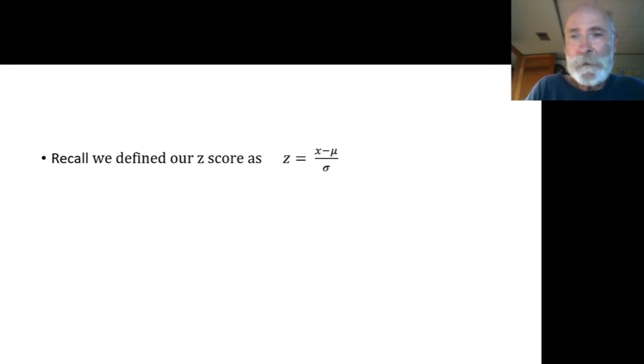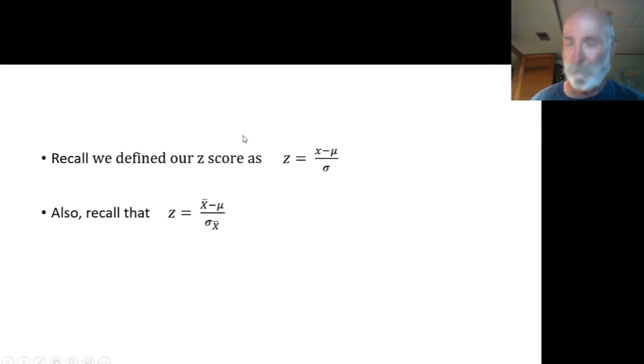We did precisely the same thing when we developed the idea of the confidence interval. So here it is, we have our z-score, and that's equal to x minus mu divided by sigma, which is the standard deviation. Also recall that we can look not only at the distribution of the individual observations, but we can look at the distribution of the mean.